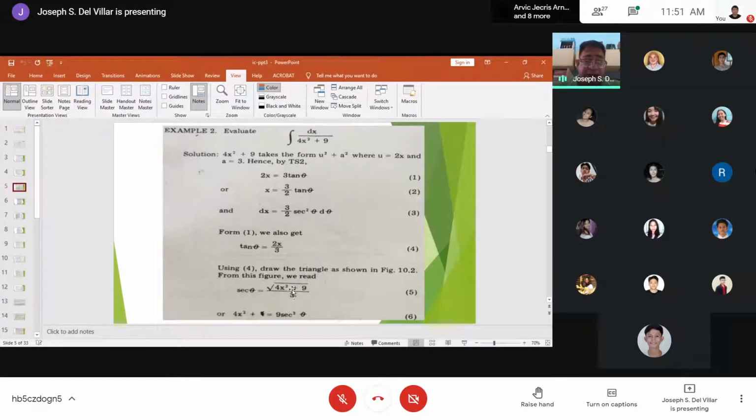Since we only need 4x squared plus 9, we need to remove the radical. So we square both sides. Squaring both sides removes the square root sign on the right, and on the left-hand side, the 3 secant theta, when you square it, is 9 secant squared. Here it is, 9 secant squared.